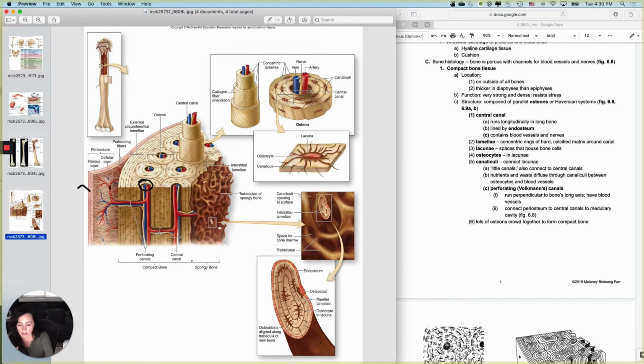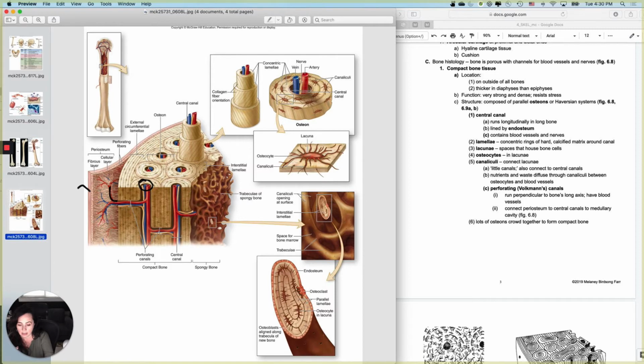But how does it get from here to here? Well, there's a new kind of canal that I haven't taught you guys yet, and that's called a perforating canal. And the perforating canal generally runs parallel-ish to the long axis of the bone and sort of goes from, let's say, under the periosteum through the perforating canal into a central canal, through another perforating canal, into another central canal, perforating canal, all the way to the medullary cavity. That's how you would get blood all the way into the medullary cavity.